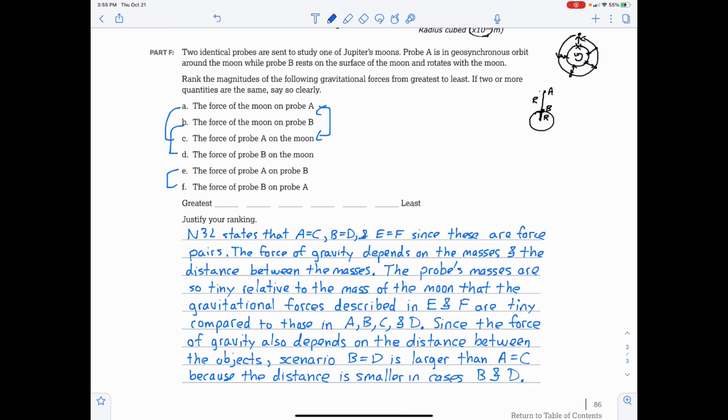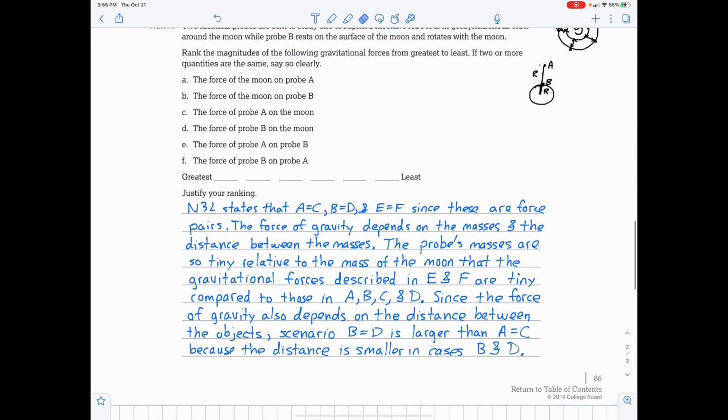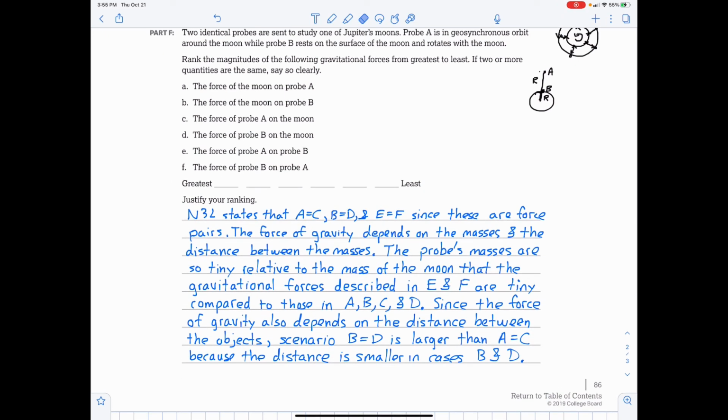B says the force of the moon on probe B, D says the force of probe B on the moon. Yes, those should also be the same. Again, Newton's third law tells us this. And then E and F, the force of probe A on B and the force of probe B on A. Definitely those should be the same as well. So Newton's third law tells us those should all be equal, okay, in terms of forces.